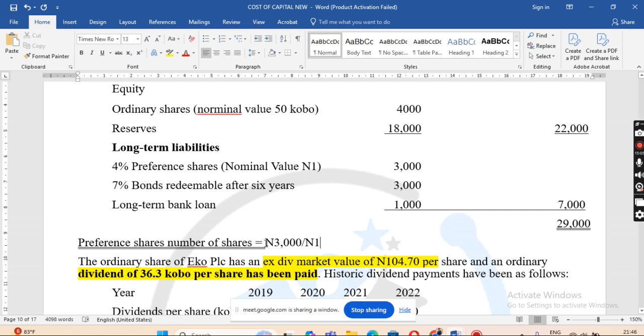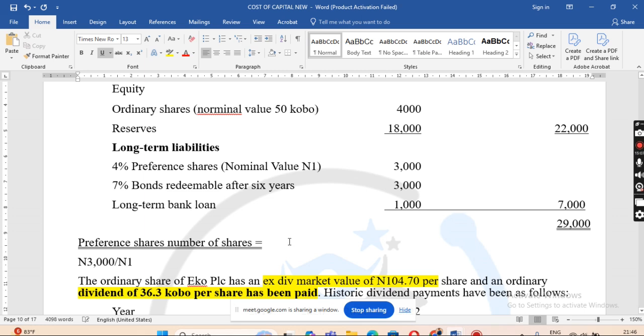Or let me give you the formula as total value of preference shares divided by the nominal value.